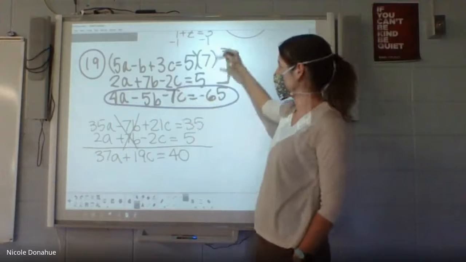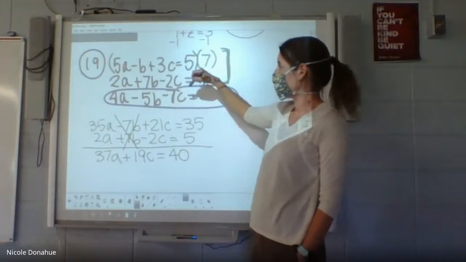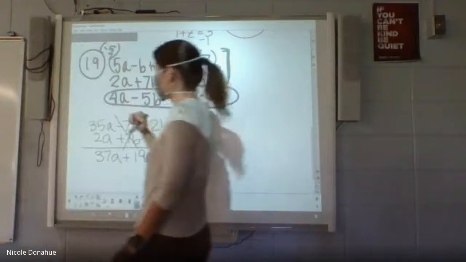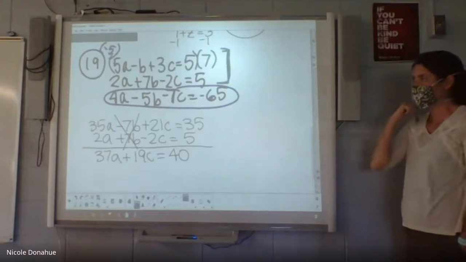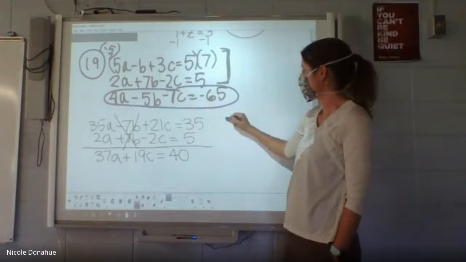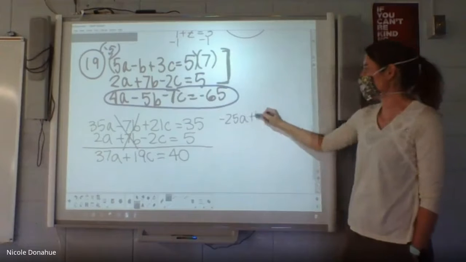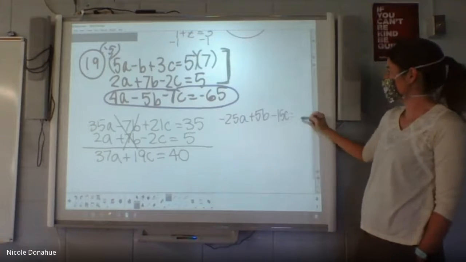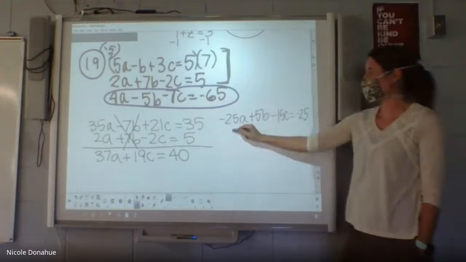And I'm going to use this top row, but this time I'm going to multiply it instead by a -5. So I'm going to go back to the original equation and multiply it by a -5. So I get a -25a, a +5b, a -15c, and then a -25 over here, and then add it to the bottom row.